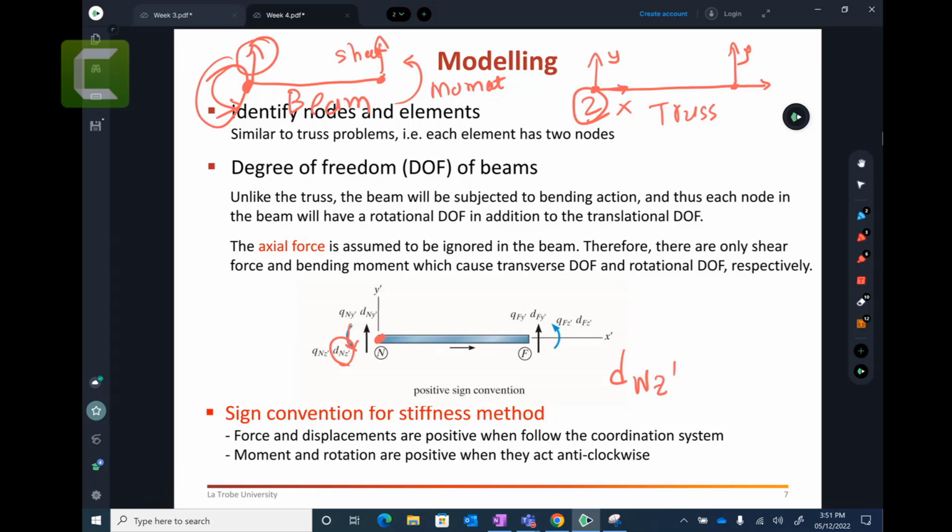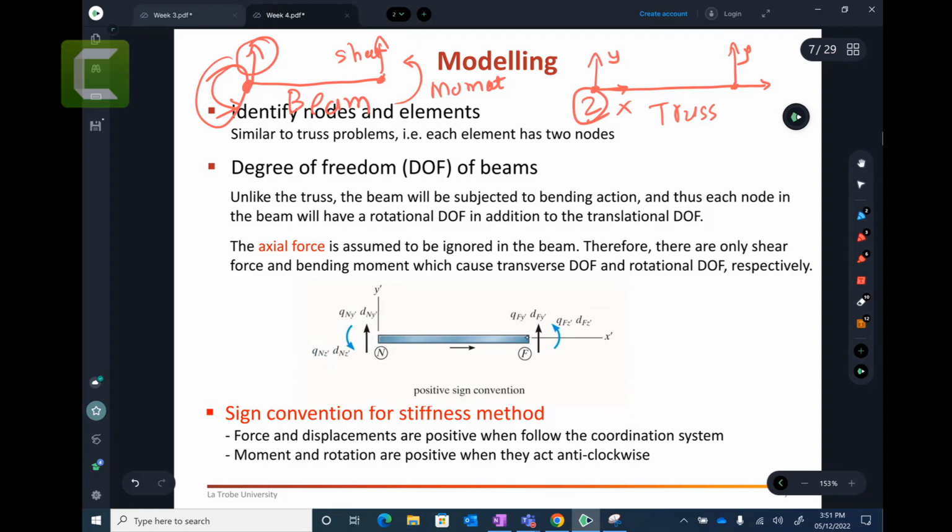So d n z dash represents the rotation. To create this rotation, we need some kind of moment or force. That is represented by q at the near node about the z axis, dash. I hope you understand the terminology here.